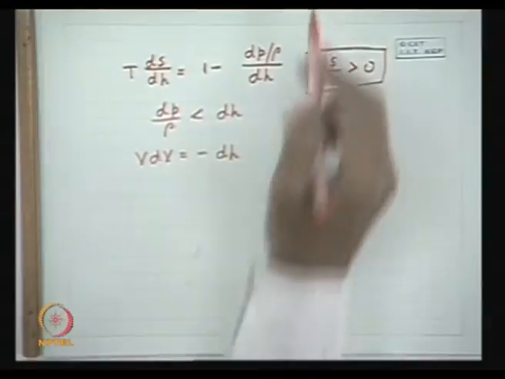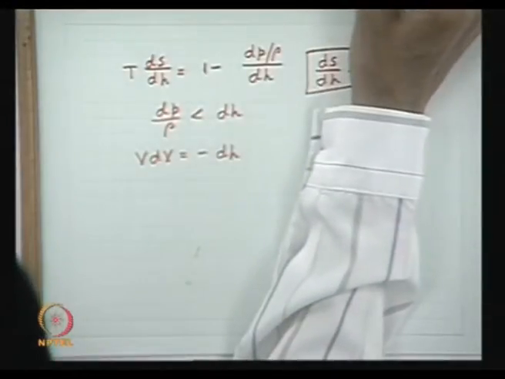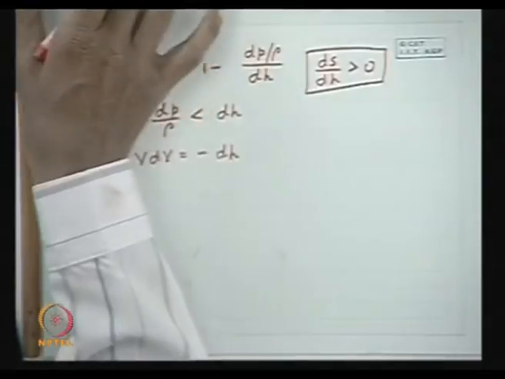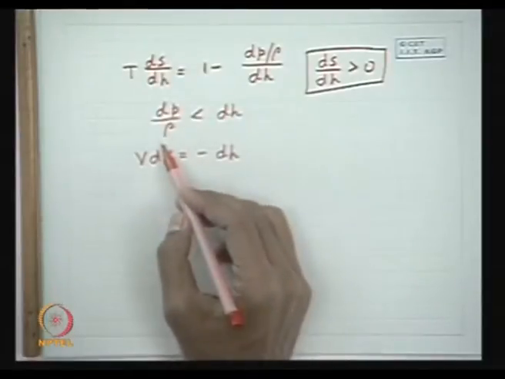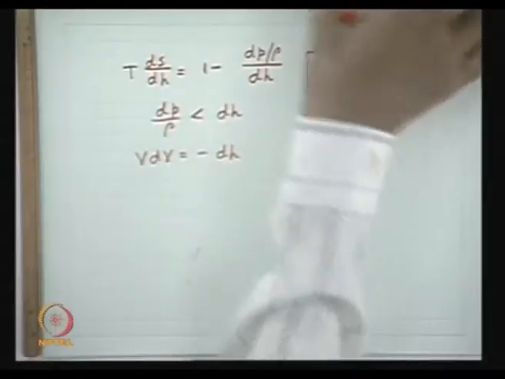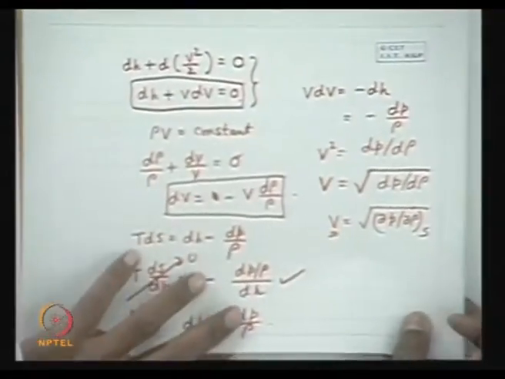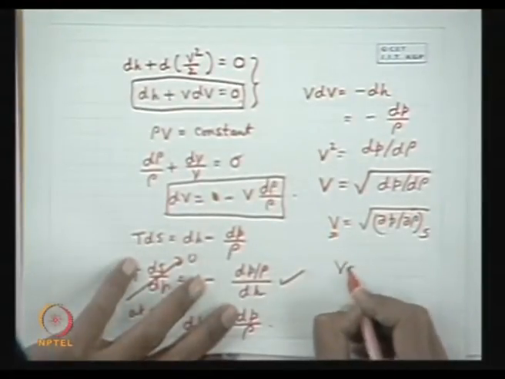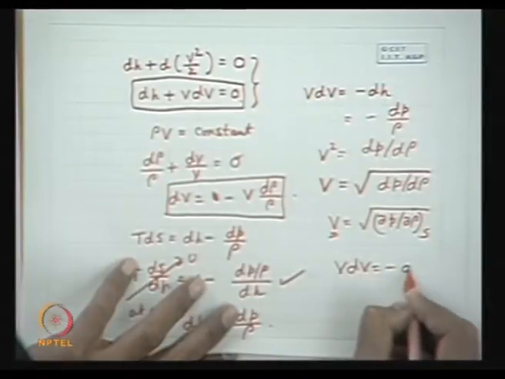So, using this we can prove that V dV is minus dH. Here we will prove that, so V dV is equal to minus dH.